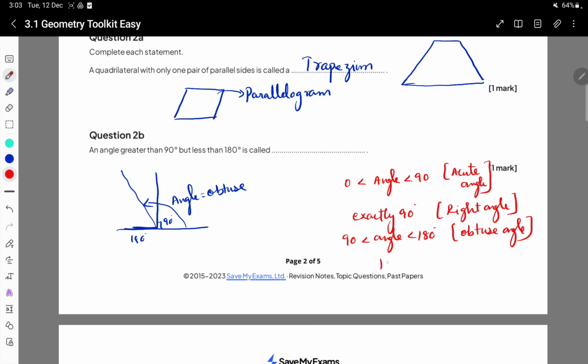If it is exactly 180, then we call this angle a straight angle. So an angle greater than 90 but less than 180 is an obtuse angle. Obtuse is the correct answer.